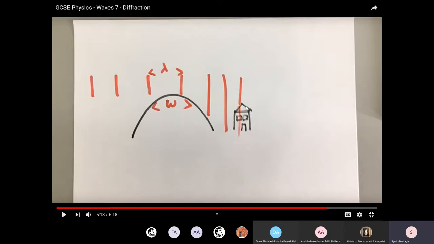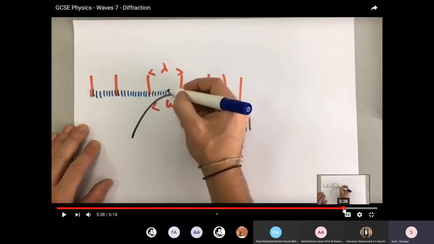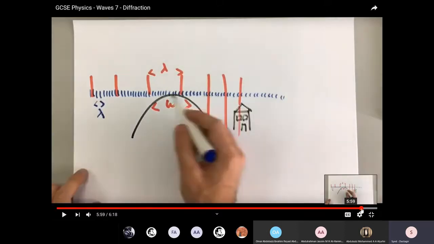However, if there are microwaves, for example, from a satellite, which, as you can see, don't have a similar wavelength to the width of the edge, the house will not be able to receive these signals. Okay, so it's all dependent upon the wavelength.